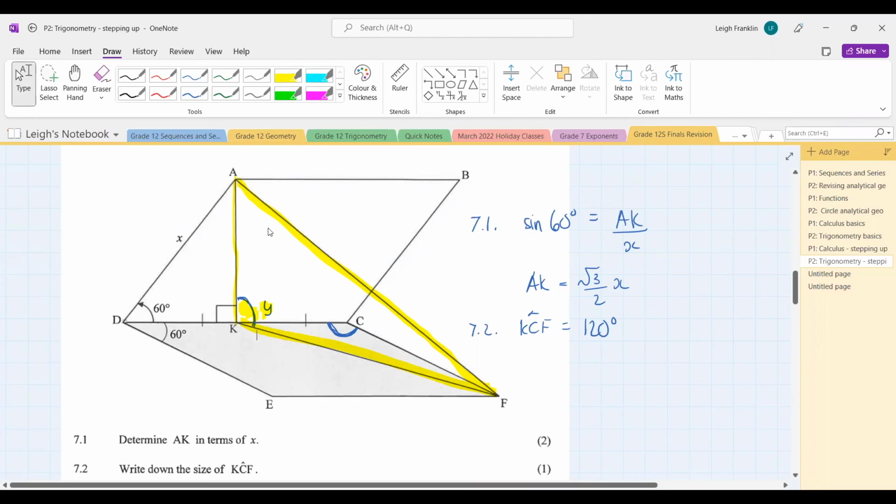Does that make sense to everybody? Okay, all right. So which triangle do you think we now need to work in, and what rule do we need to apply?